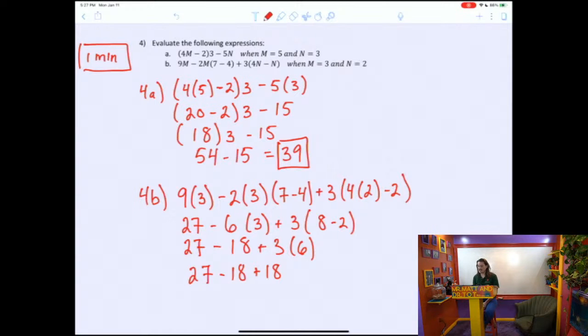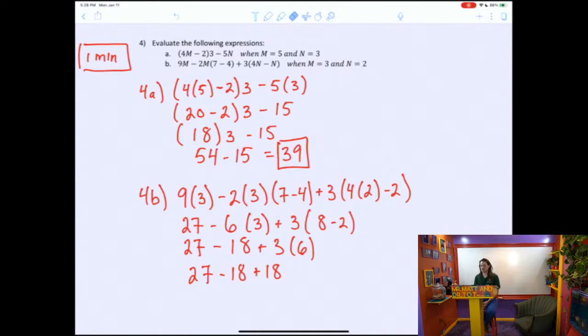So starting on the left, we have 9 times 3, that'll turn into 27. 2 times 3 turns into 6. 7 minus 4 turns into 3, so that combines to just 6 times 3 in the second line. I'm carrying down that scalar of 3 because I need to work within the parentheses all the way on the right first. I have 4 times 2 minus 2. 4 times 2 is 8, and then 8 minus 2 is 6.